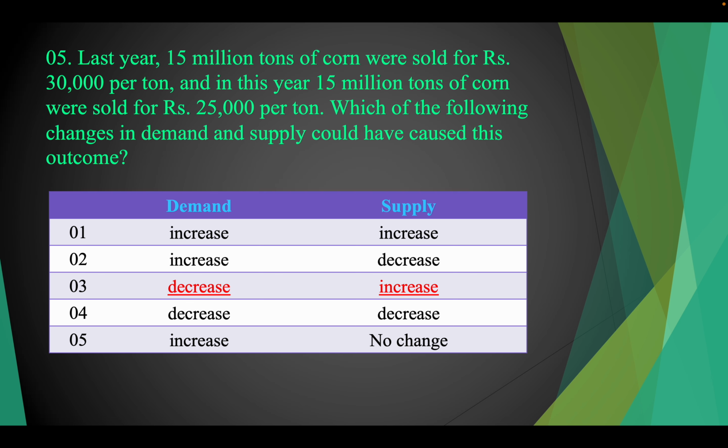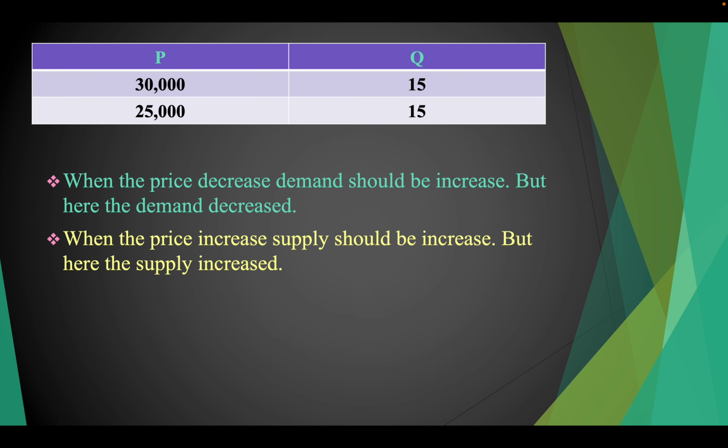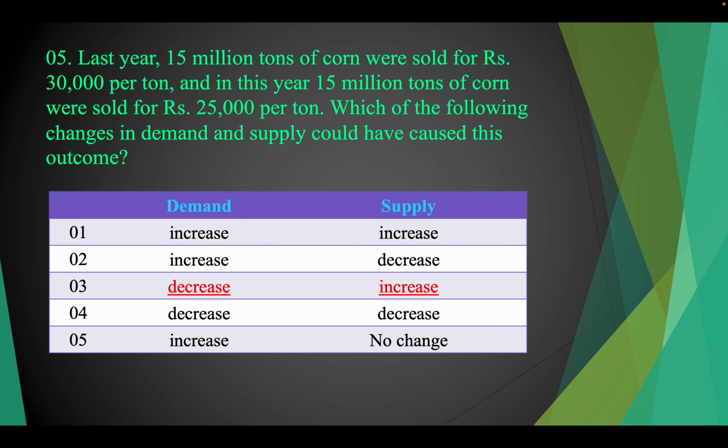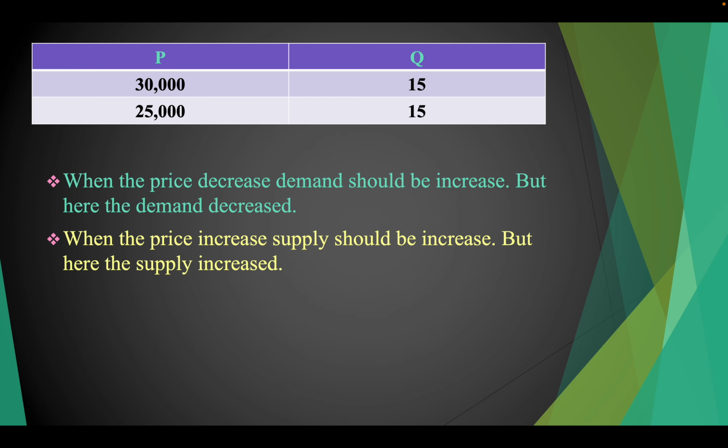Children, remember that we have to include this information like this table. That is important to solve this question simply. Here you can see when the price is 30,000, the quantity is 15. And the price is 25,000, a decrease in the price. The quantity is 15. Here they ask about the demand and supply.